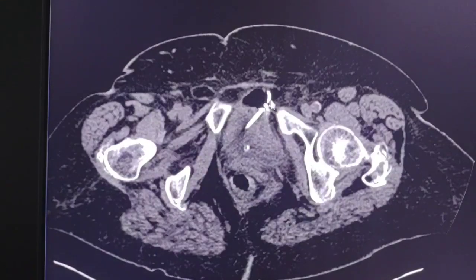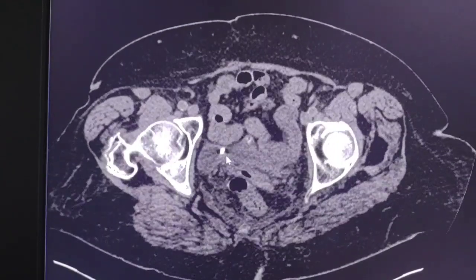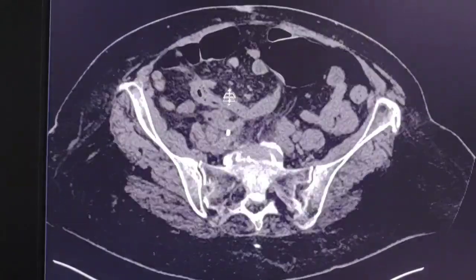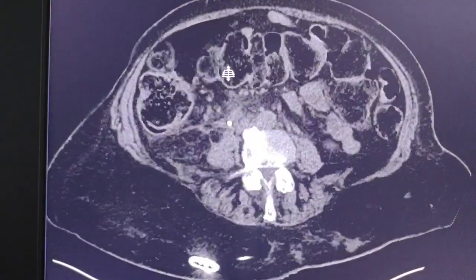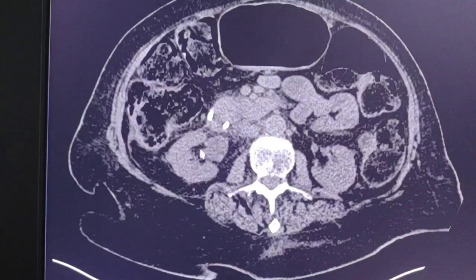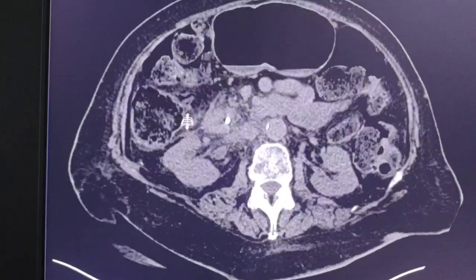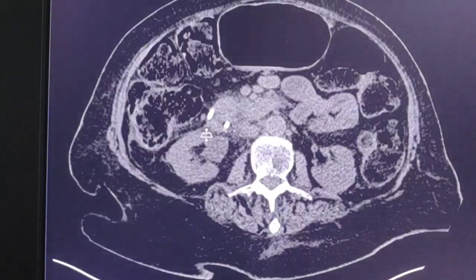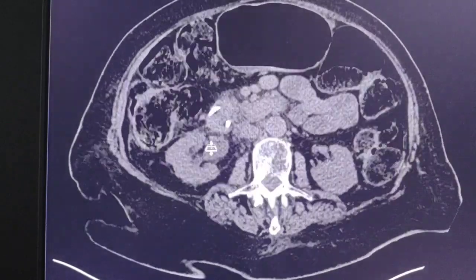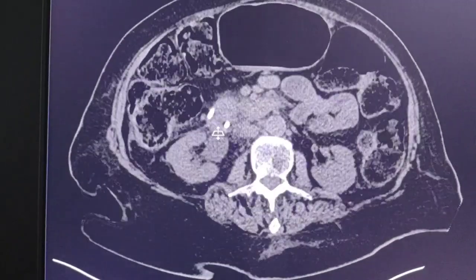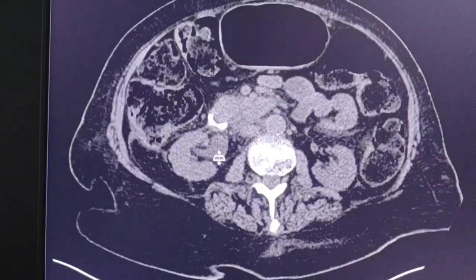This is the lower aspect of the catheter and goes through the right ureter up and stops here. Here is the right kidney, and we can see dilated right renal pelvis and pelvicalyceal system. Not so significant, but there is dilatation anyway.